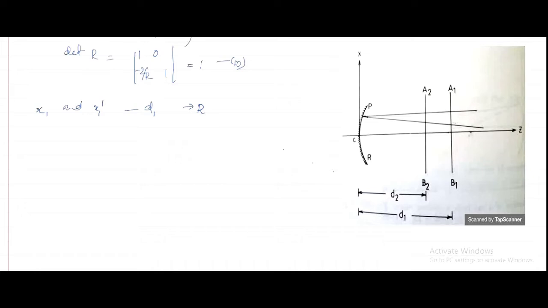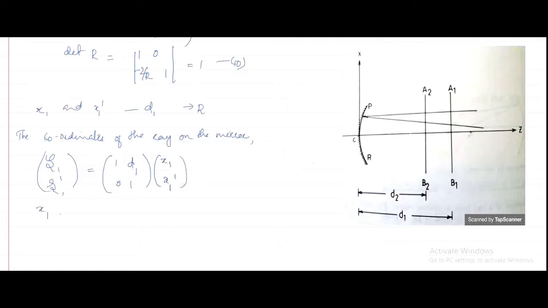That is, we have to find the coordinates at the plane A2 B2. The coordinates of the ray on the mirror just before reflection, that is at P, will be written as zeta 1 dash equals |1 d1; 0 1| x1, x1 dash.